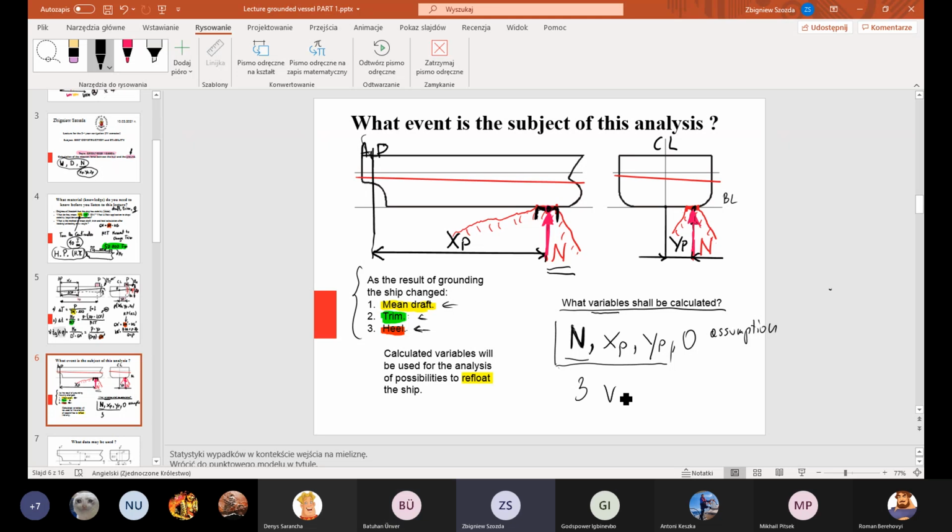So, how many variables shall we calculate? 3. 3 variables. So, how many equations do we need to calculate 3 variables? How do you think? Who is the best on mathematics? If we want to calculate 3 variables, so we need how many equations?